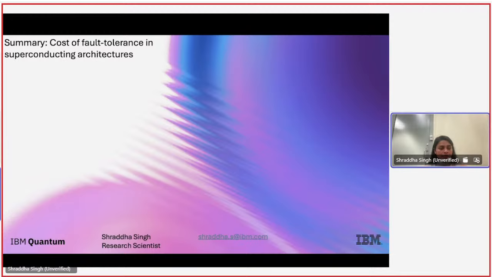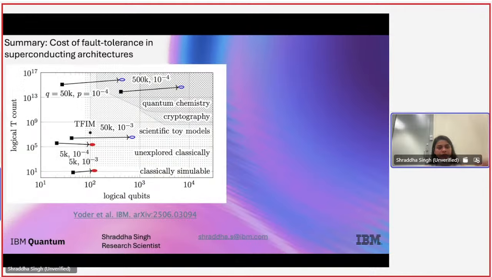Finally, to summarize this entire talk, here's the cost of fault tolerance in superconducting architectures. The black dots here resemble what number of qubits would be required by a surface code patch, and these circles here represent what number of qubits would be required by LDPC code patches with a certain physical error rate, for different utilities.